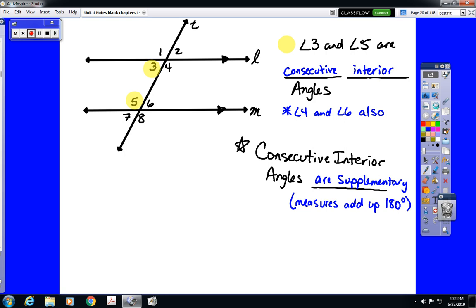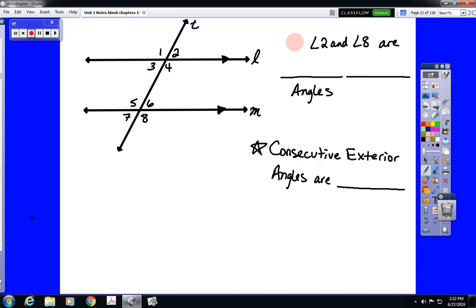The final relationship for a transversal would be like angles 2 and 8. Those are consecutive because they're on the same side of the transversal. And they are exterior because they are outside of the parallel lines.